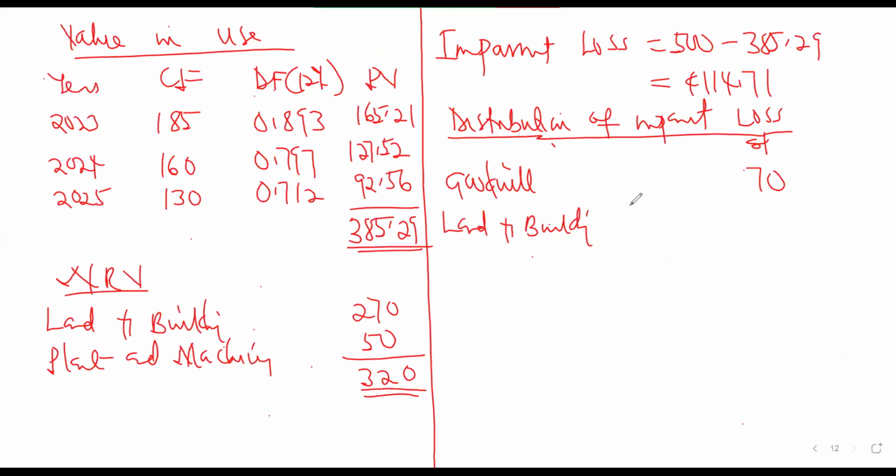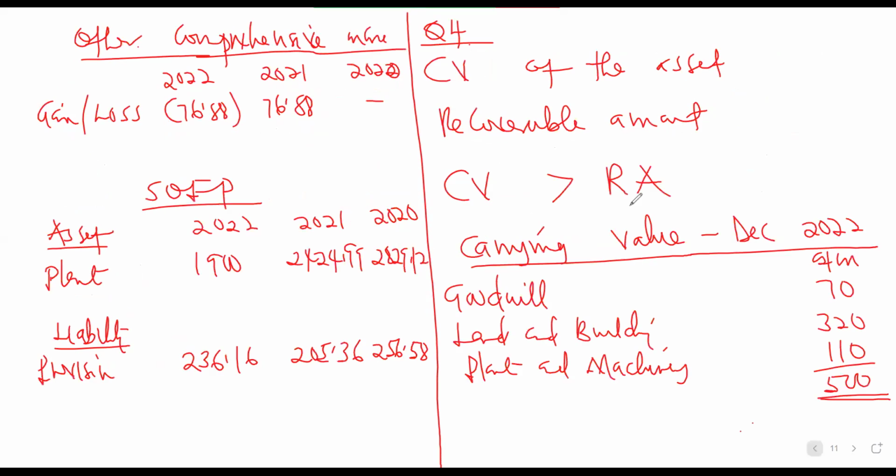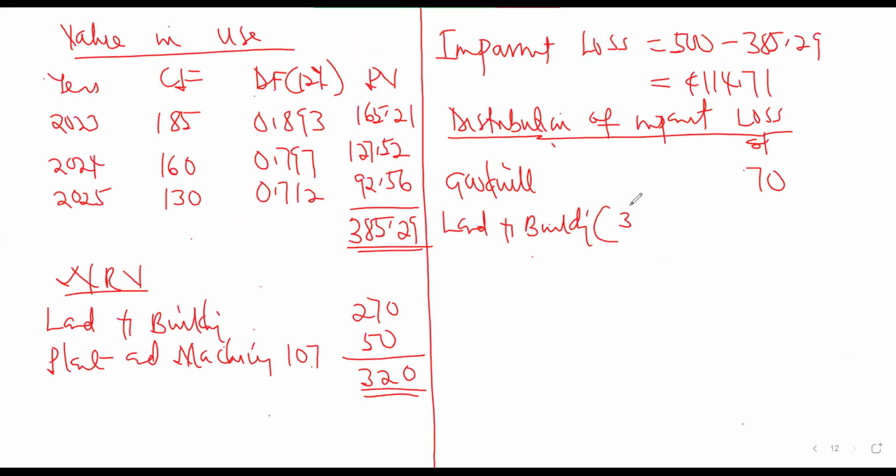The question can give us a net realizable value of 104. Let's share this particular one. Let's share the impairment loss based on their own proportion. That will be 320 divided by the total, 320 plus 110, which is 430.